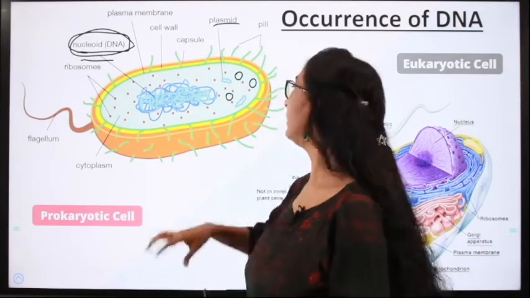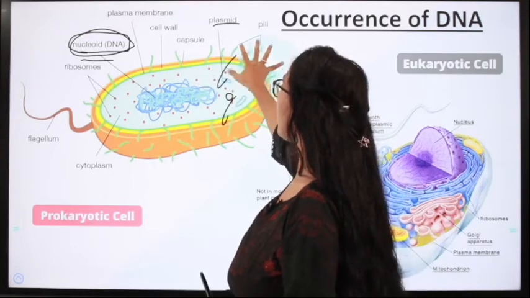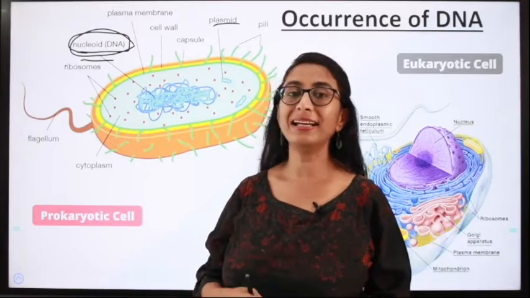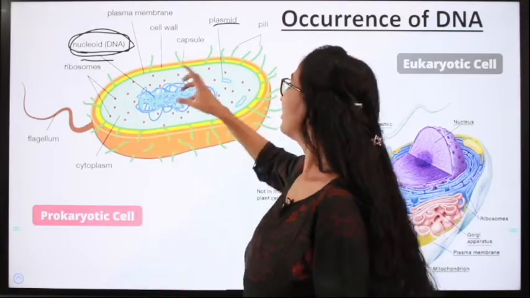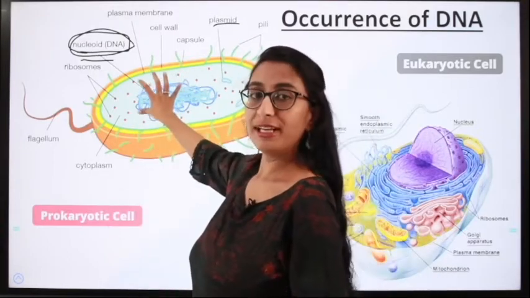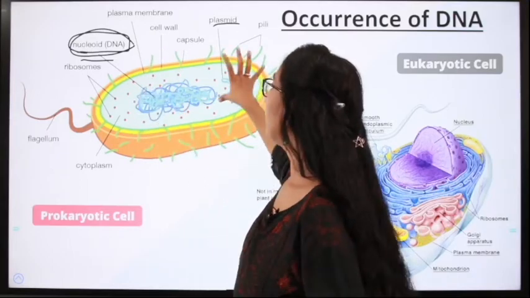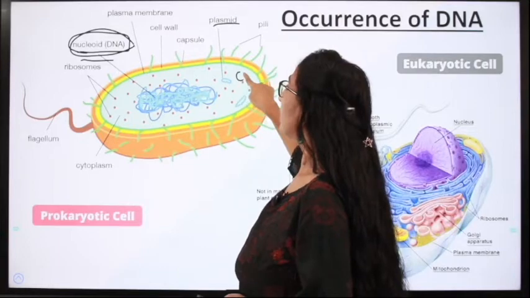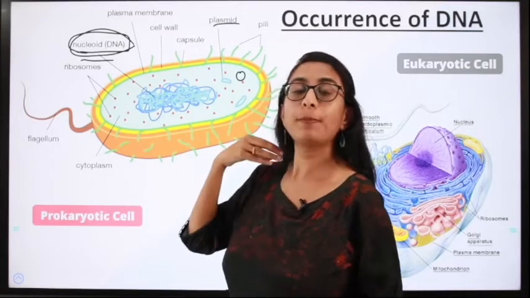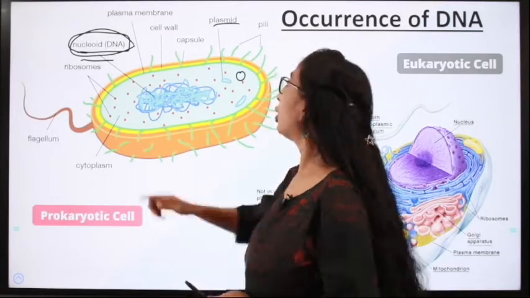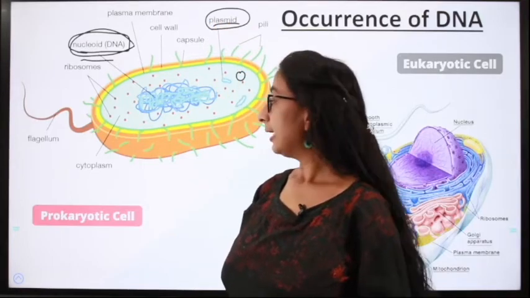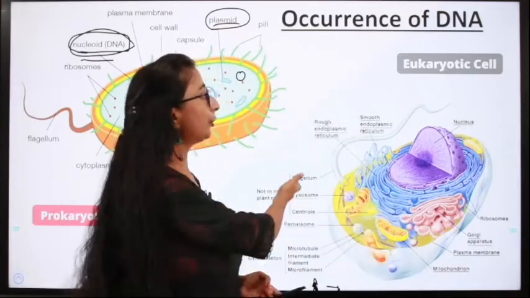How exactly these plasmid molecules are utilized in genetic engineering experiments, we shall discuss in our future lectures. So, in addition to the nucleoid DNA, in a bacterial cell you have circular DNA molecules capable of self-replication called plasmids. Got it? Next, moving on to the eukaryote.